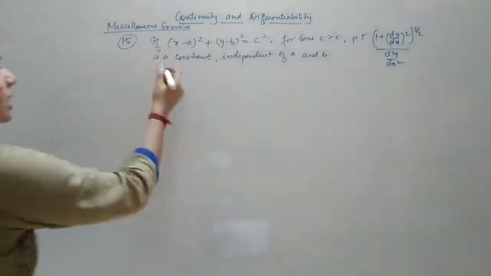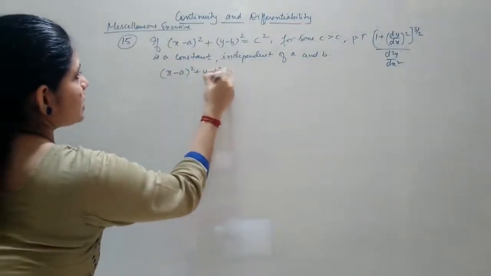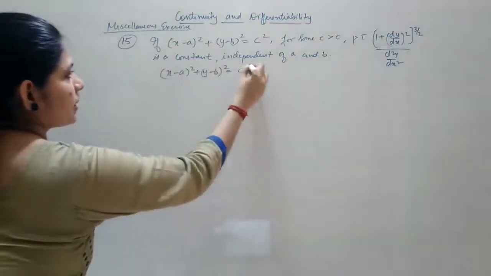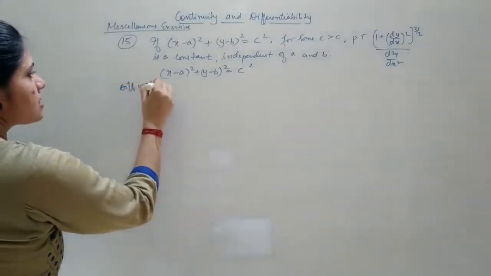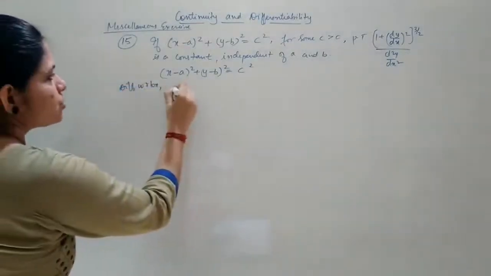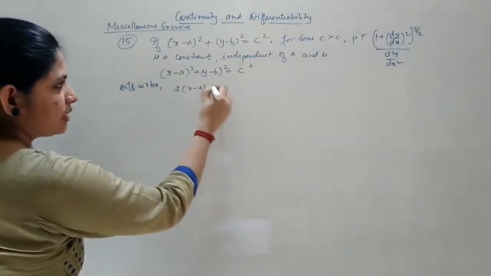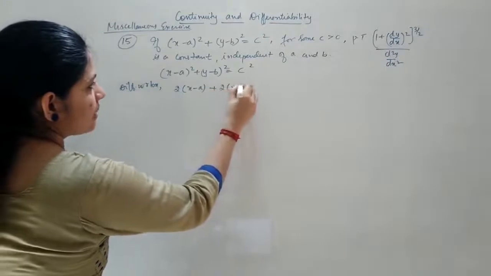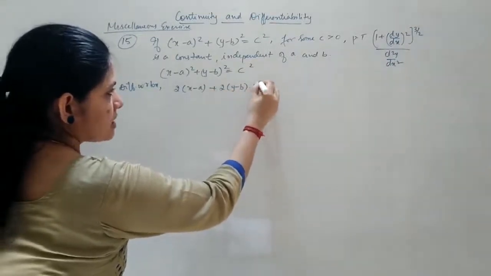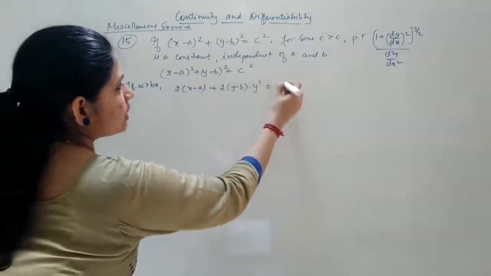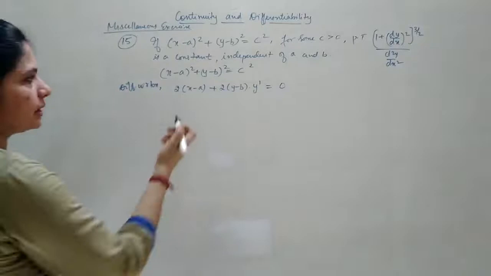So first we will start with the question, which is (x minus a) the whole square plus (y minus b) the whole square equal to c square. Differentiating with respect to x, you will get 2 into (x minus a) into derivative of x minus a, which is 1, plus 2 into (y minus b) into derivative of y minus b, which is y dash or dy by dx, equal to 0 because c is constant, so its derivative will be 0 only.